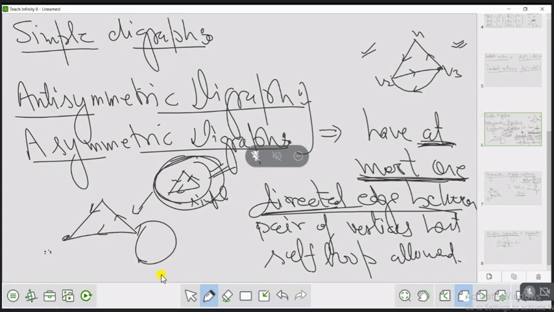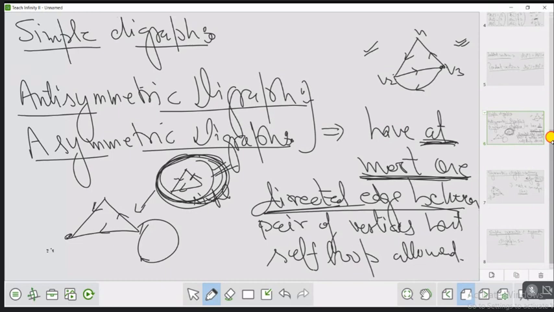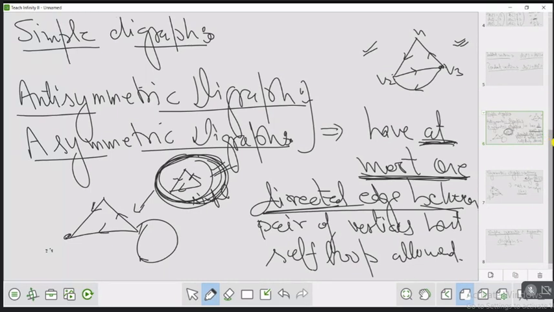This one, it is asymmetric. So it is simple asymmetric. But this graph, it is simple? No, this one is not simple. It is not simple, but asymmetric.